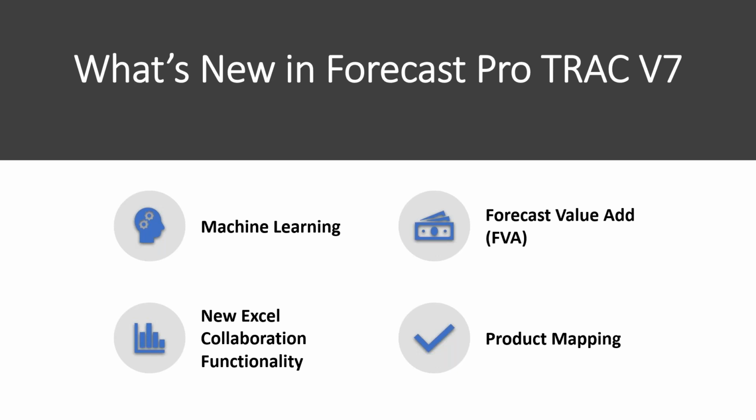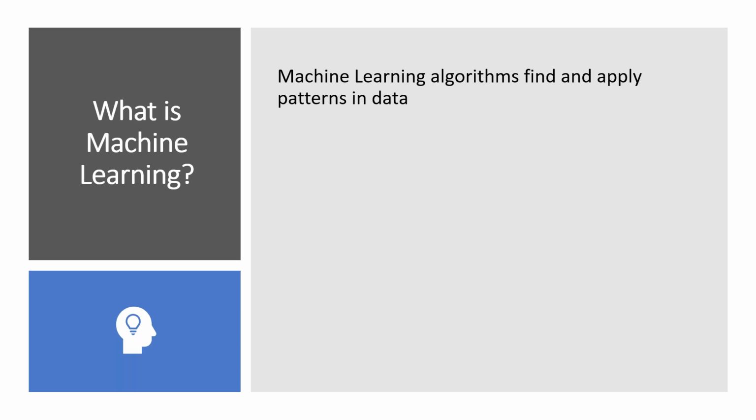So we're going to start off talking about machine learning. Before we demonstrate how machine learning works in Forecast Pro, I just want to give some quick context about how our approach fits into the whole machine learning and artificial intelligence realm, which at this point has a really pretty large footprint.